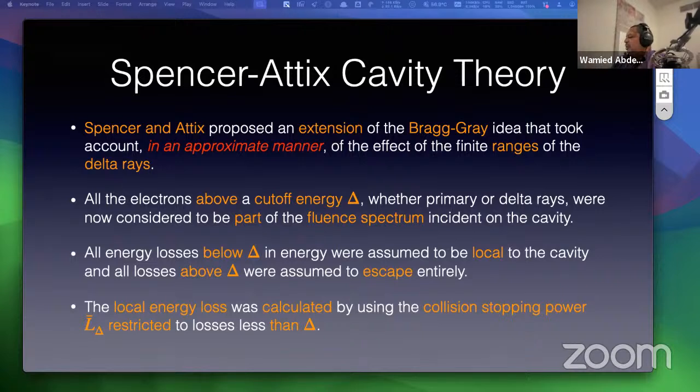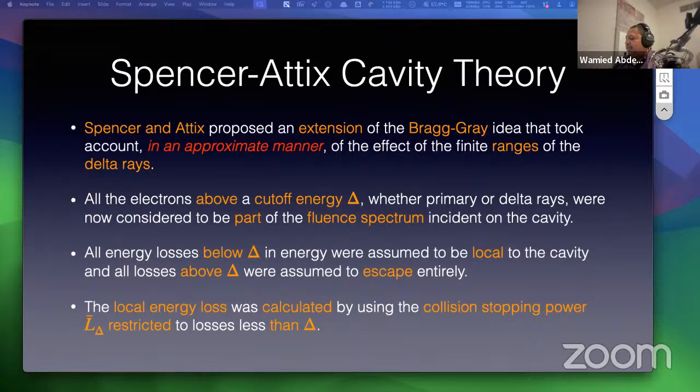Electrons above this cutoff energy are now considered to be part of the fluence spectrum. This means that electrons produced with energies higher than delta, we're going to retake them and add them to the fluence that is entering the cavity.